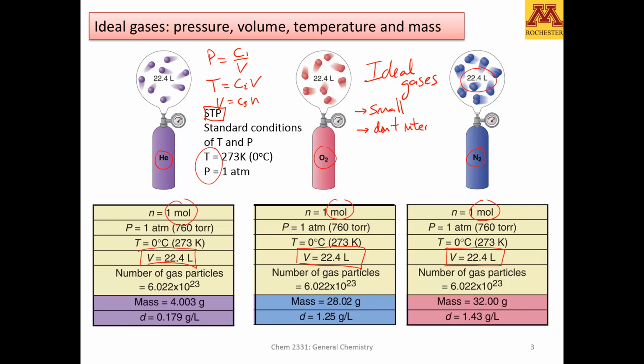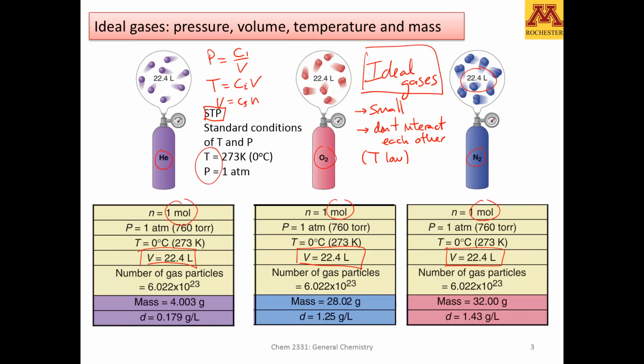This will typically happen at low temperatures. We say that they are ideal because we consider that their size is negligible and the interaction among them is also negligible. They behave like ideal gases.